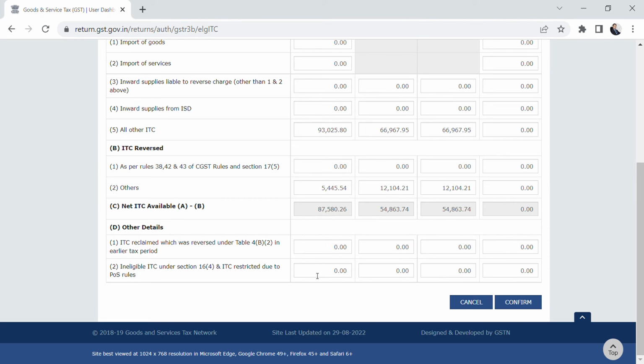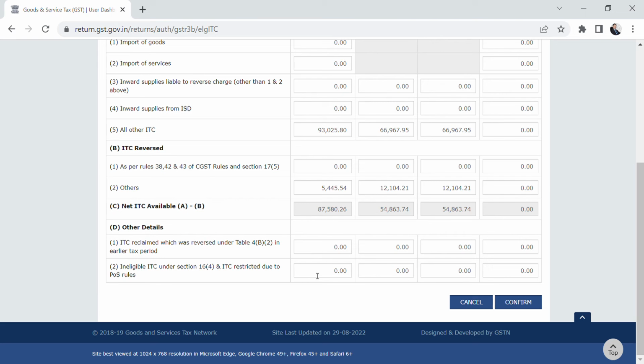Or, for instance, the invoice was actually received in June, but goods are actually received in the next month, August 2022. So that amount you have to show here, that this amount you have taken credit on account of reversals earlier made under table 4B2 in the earlier tax periods.